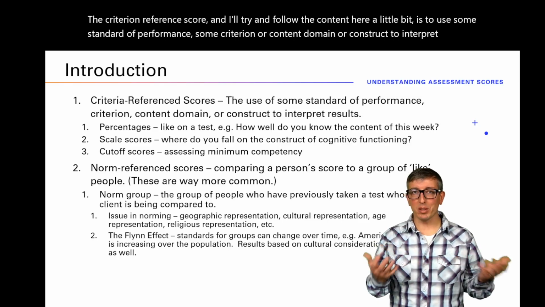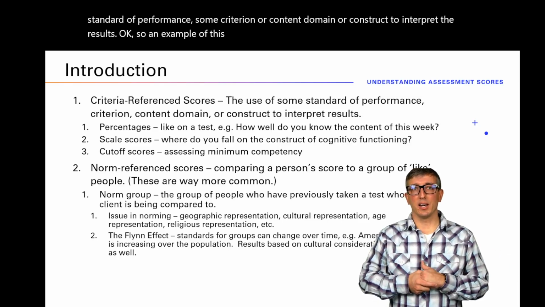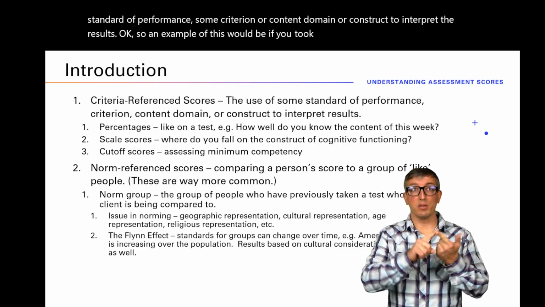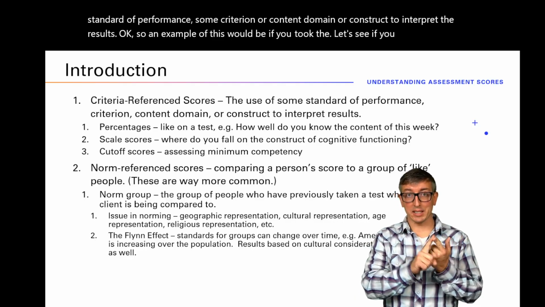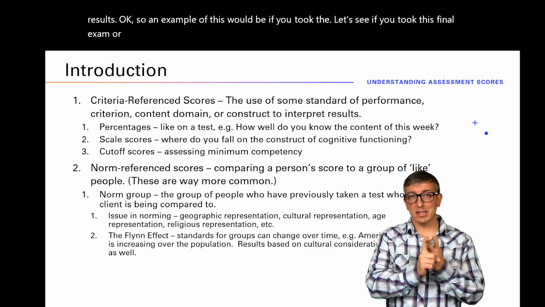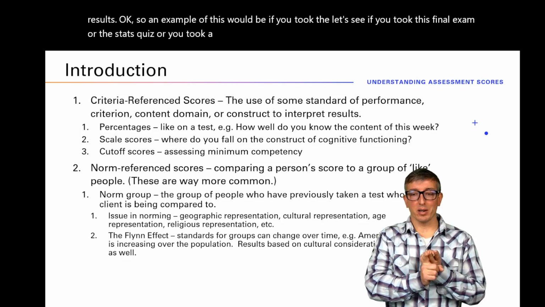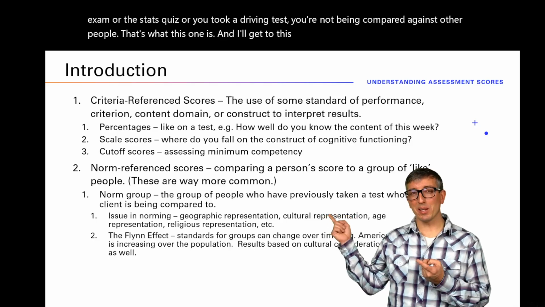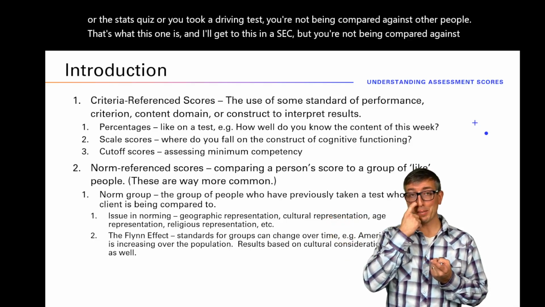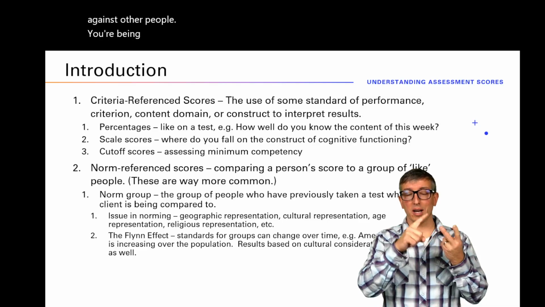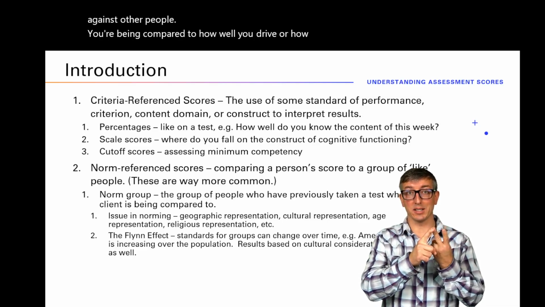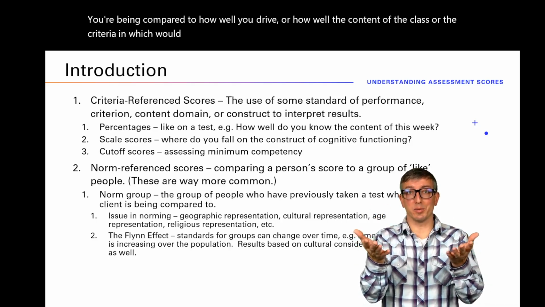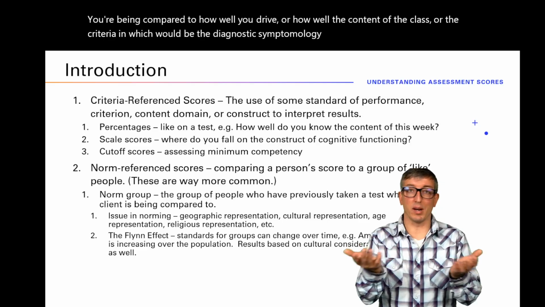So an example of this would be if you took this final exam or the stats quiz, or you took a driving test, you're not being compared against other people. That's what this one is. You're being compared to how well you drive or how well you know the content of the class, or the criterion, which would be the diagnostic symptomology of depression, anxiety, or whatever.